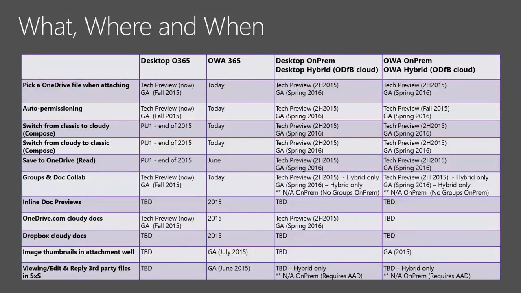One is what you said: not just my own docs, but docs that have been shared with me, and treating those as the same, because if it's shared with me, then I want to find it. The other part is being able to actually search inside the doc of a Cloudy Doc. That doesn't work today, but it is something we're actively looking at. So we're well aware of those issues, and we are investigating.